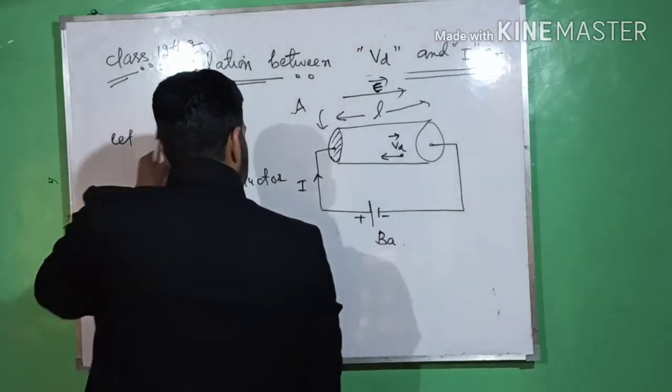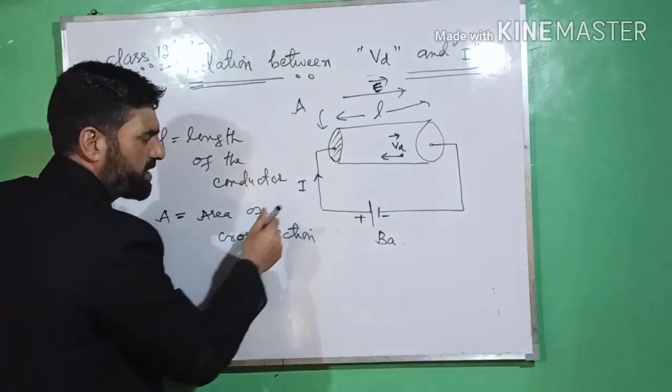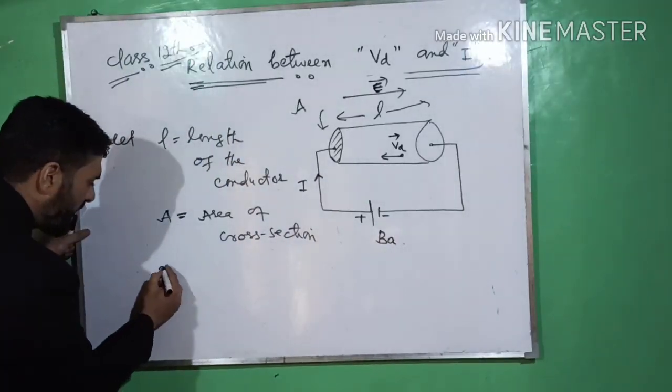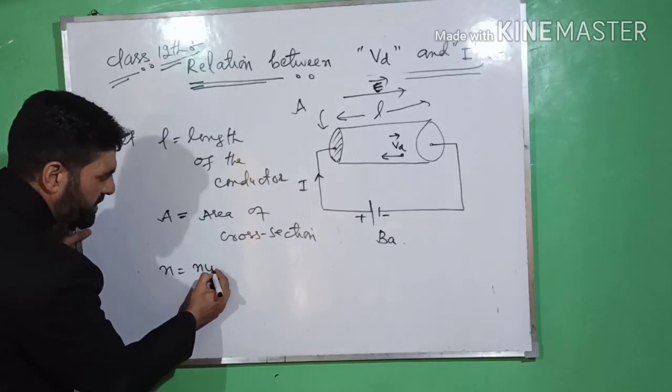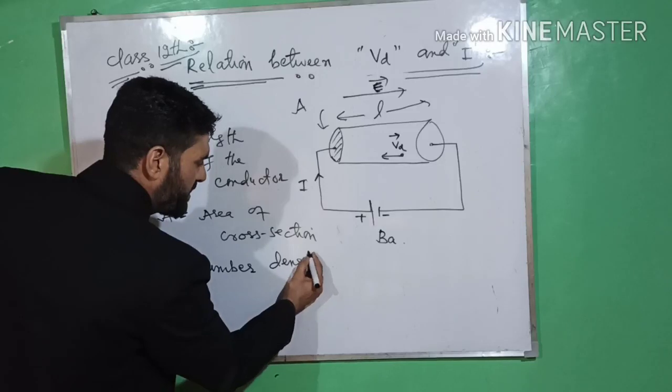Now dear students, L is the length of the conductor and A is the area of cross section of the conductor. Again, N is the number density of electrons. And what is number density?